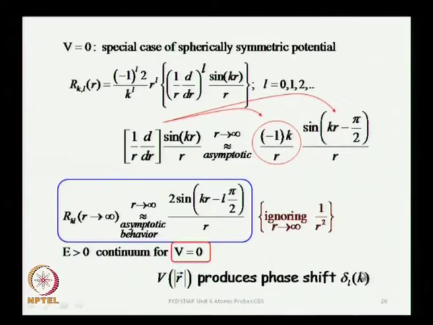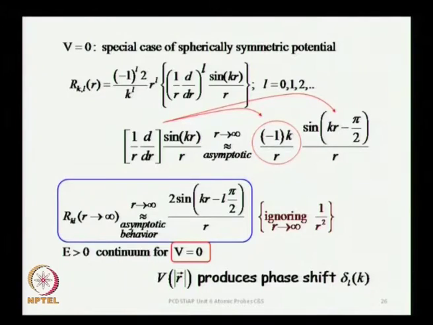It will depend on the energy. So it is written as delta L of k. This is called the scattering phase shift, and you would expect it to have an intimate relationship with the whole scattering process, and all the physical information about the collision dynamics will be contained in the scattering phase shift.